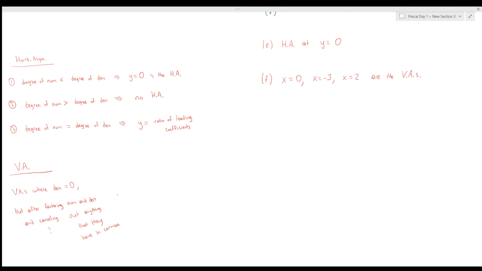Okay. I'll also make one other quick comment, and then I'll move on to my final topics of the review. Regarding these rules for horizontal asymptotes, there was a mnemonic that some people seem to have learned.